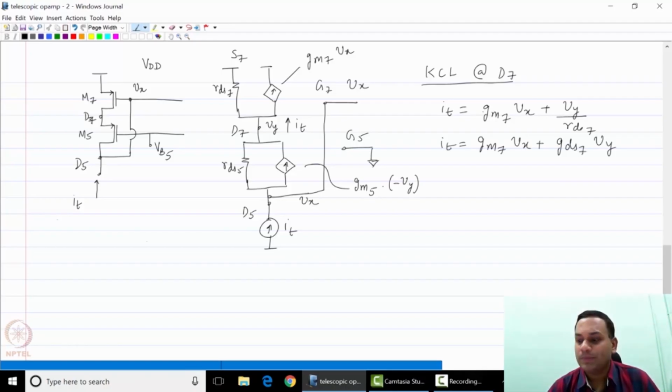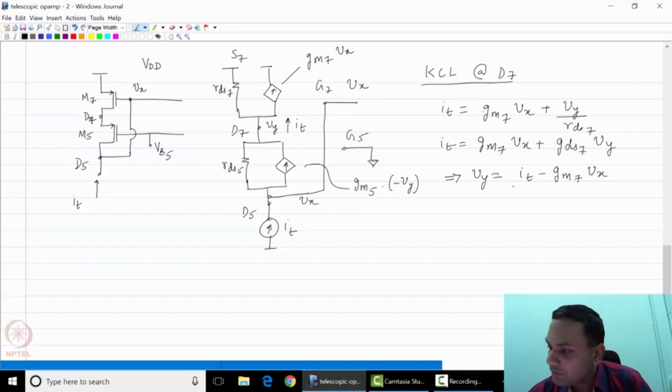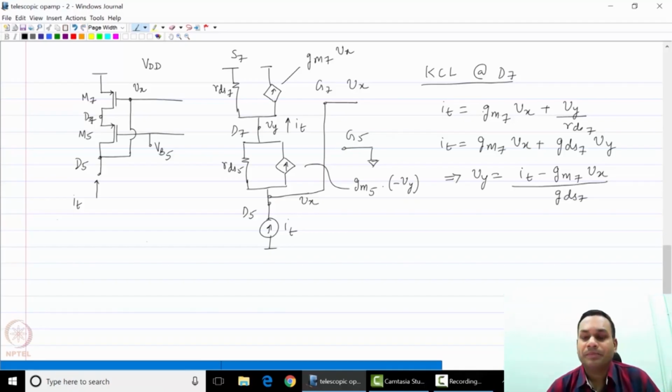So this is our first equation, and from this we can say that Vy is It minus Gm7 Vx over GDS7.